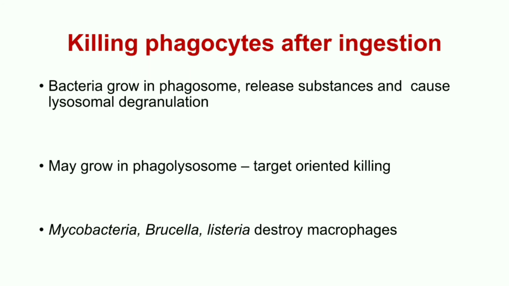Many bacteria which are intracellular parasites of macrophages such as Mycobacterium, Brucella, Listeria usually destroy these macrophages at the end, but the mechanism of how they do so is not quite clear.